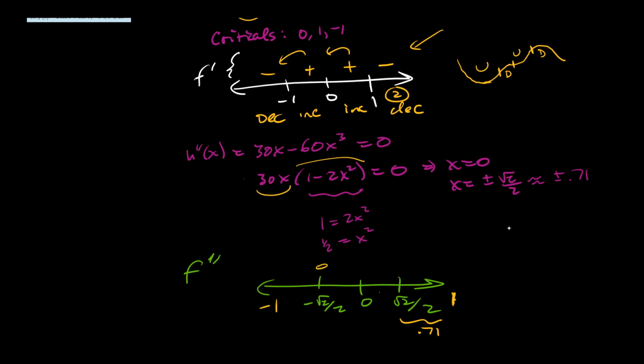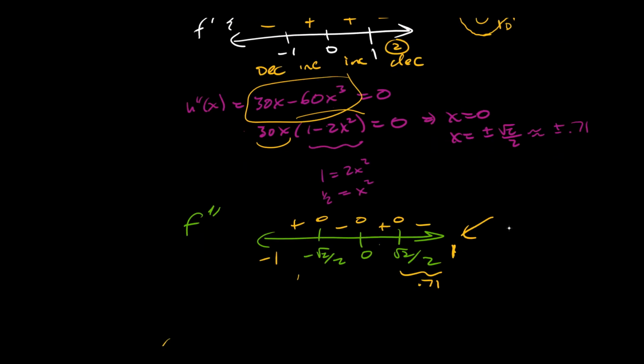So the second derivative was 0 here, 0 here, and 0 here. When you plug 1 into the second derivative right here, you get a negative answer. So it's going to be negative and then positive, negative and positive.